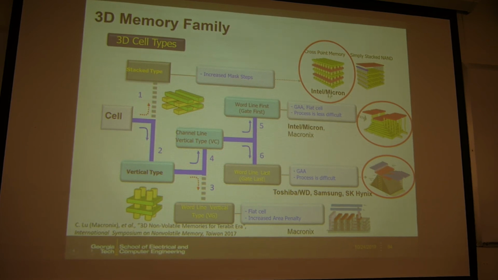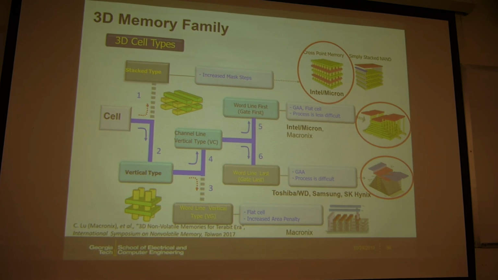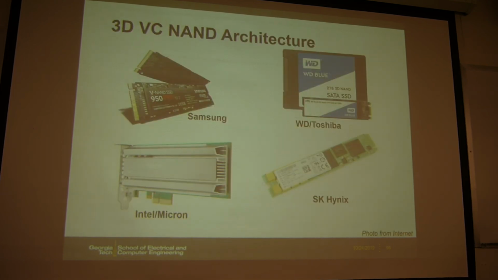Okay, so those 3 circles basically highlight the eventual product that you can buy from the market. Here, Intel is more like 3D vertical?